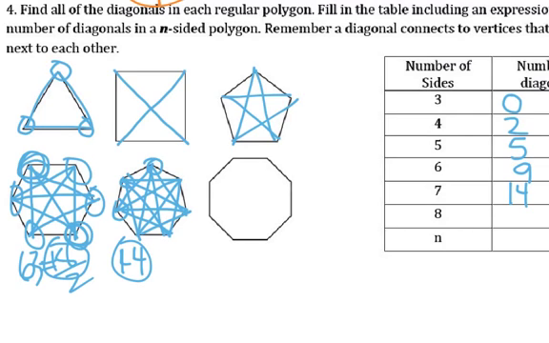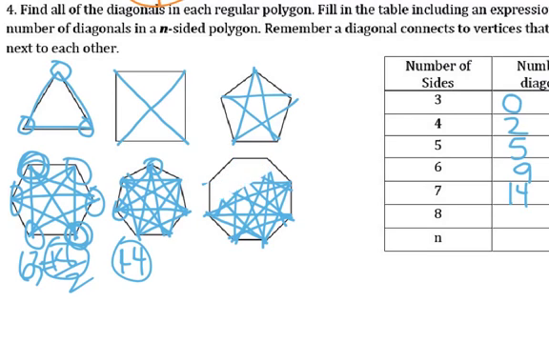Okay, so 8 would be 1, 2, 3, 4, 5, 6, 7, 8, 9, 10, 11, 12, 13, 14, 15, 16, 17, 18, 19.